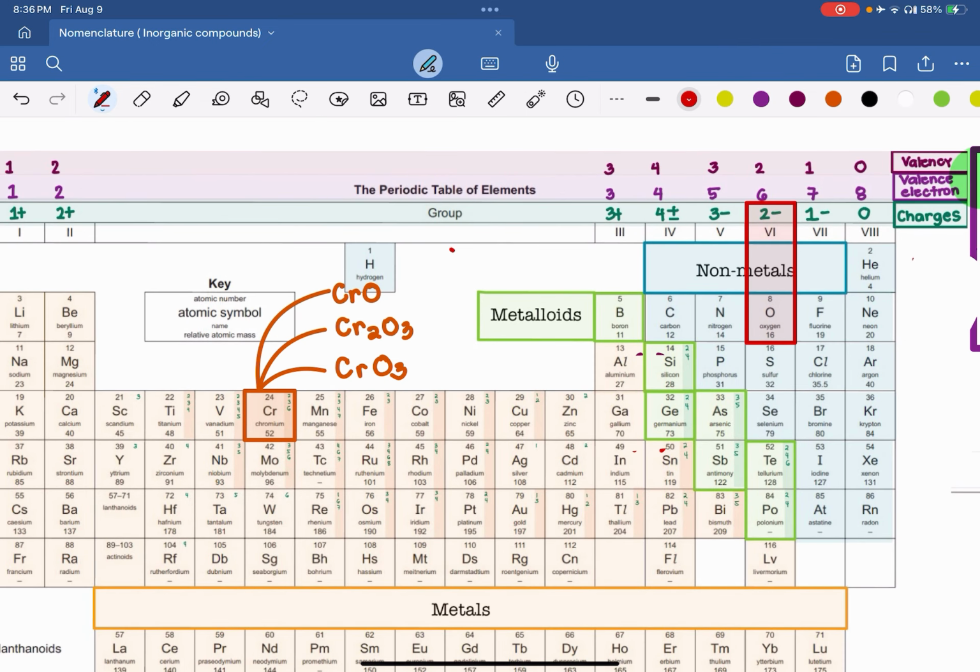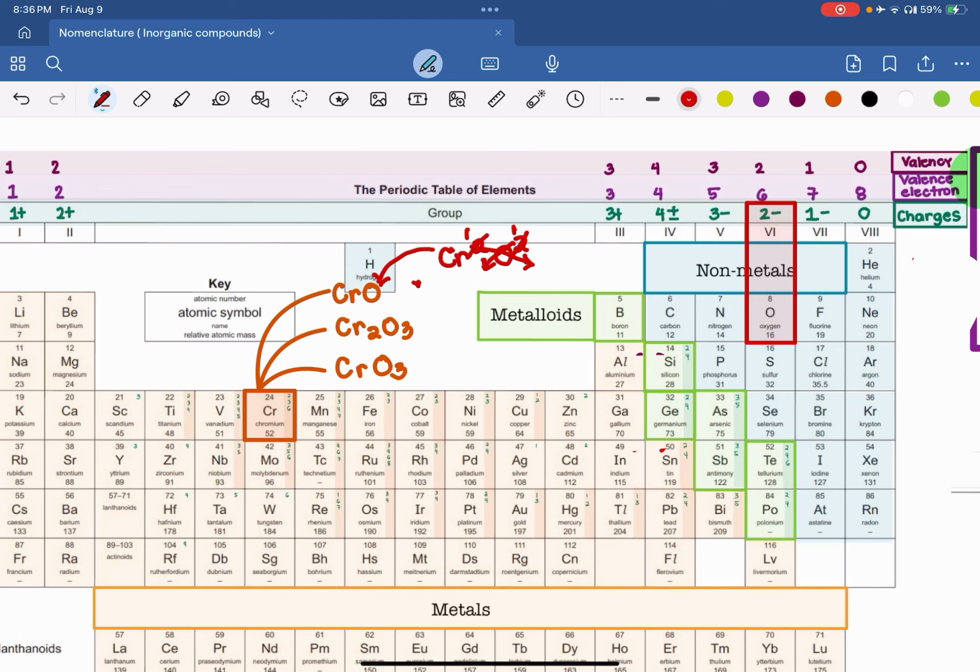If chromium would utilize 2, and your oxygen, given that it's 2 minus, will also have 2. You can further simplify it because they are divisible by 2, so that would make it 1 and 1. Then the next thing you need to do is to crisscross. So in that case, it will result in CrO.